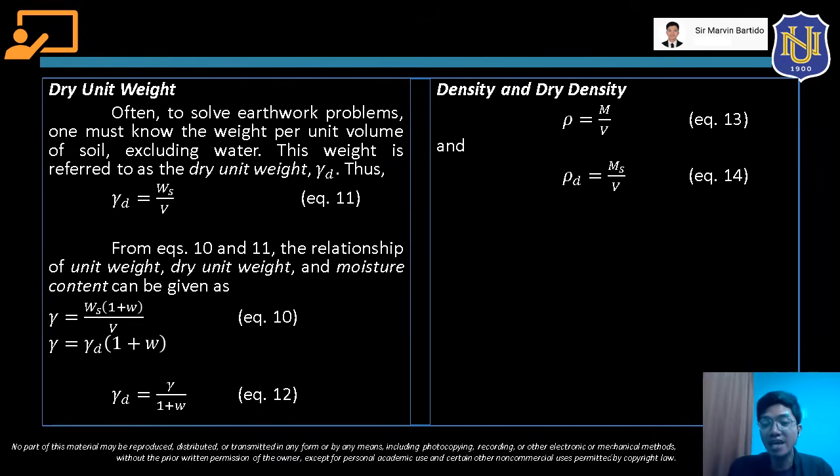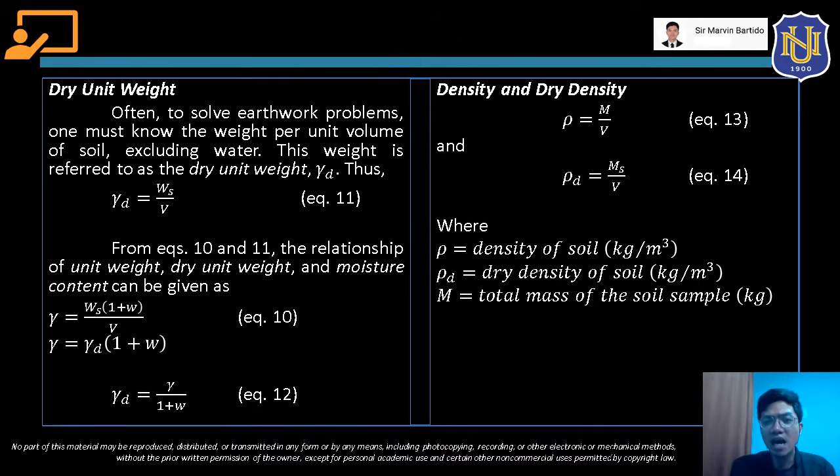So for dry soil, of course, there is no water content. Right? There is no water. So the weight of water will be excluded. Therefore, the density of dry soil, or the dry density, is the mass of soil solid over the total volume. Okay, so this will be our equation 13. This will be our equation 14.